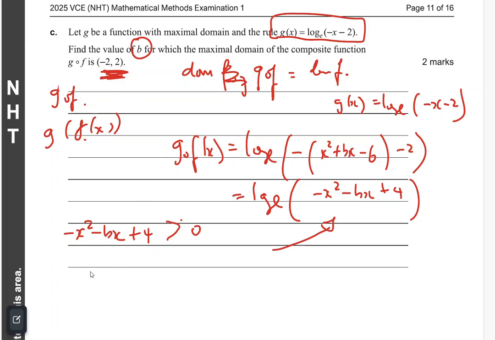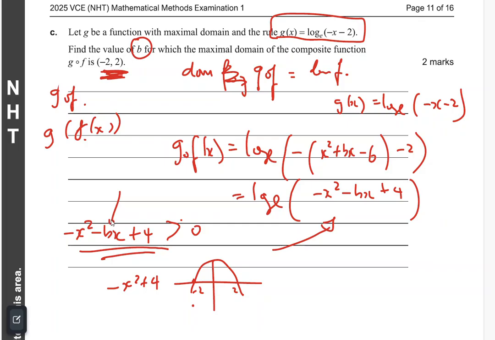So I've got minus x squared plus 4. That looks like this. And that's going to have x-intercepts at negative 2 and 2.